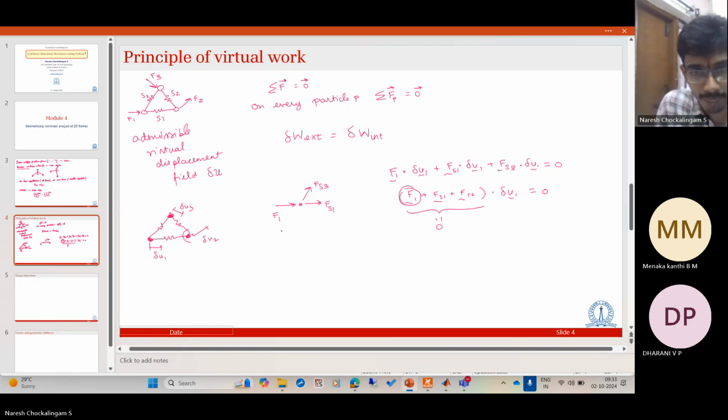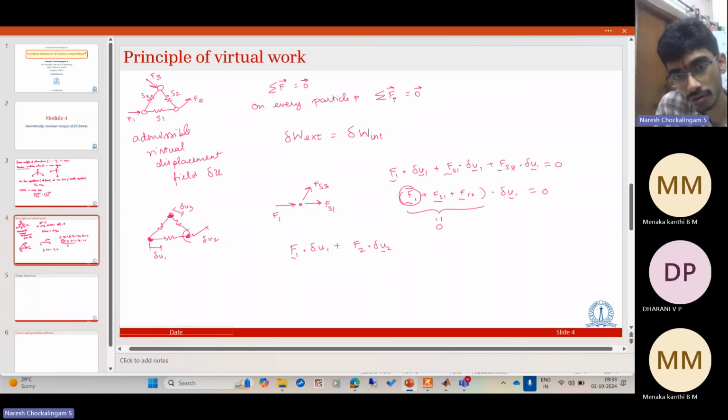So if you collect these equations of equilibrium together, then you get the net work done by the external forces, which is F1 dot del U1 plus F2 dot del U2 plus F3 dot del U3, will be equal to what? Will be equal to these spring forces, right?